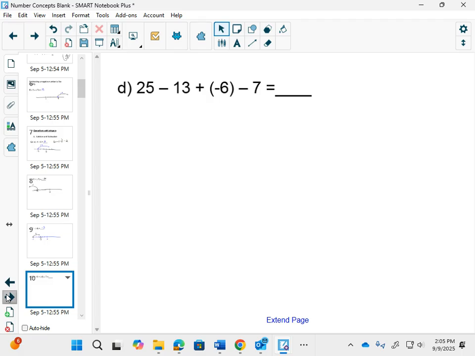Okay, try this one. Try this one, lots of numbers put together.